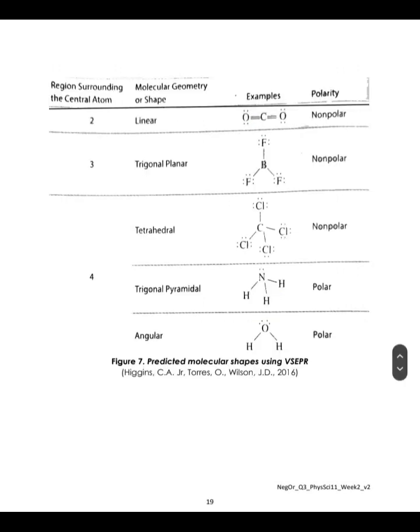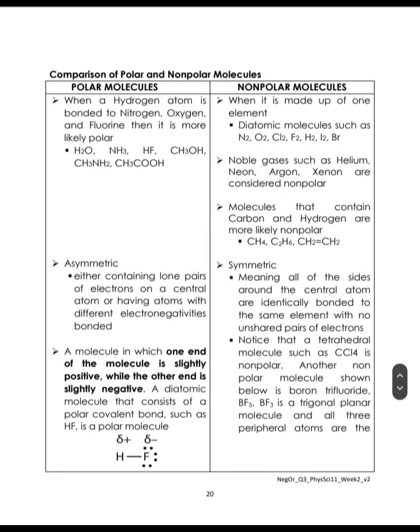Now, in this part, you can see the regions surrounding the central atom, 2, 3, and 4, and their corresponding molecular geometry or shape. Please copy these examples and the polarity of each molecular geometry.